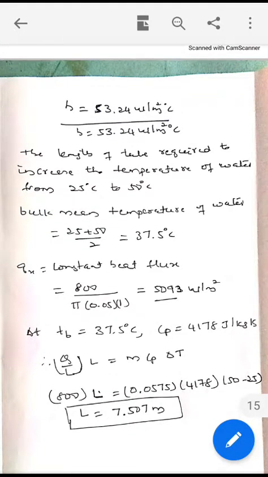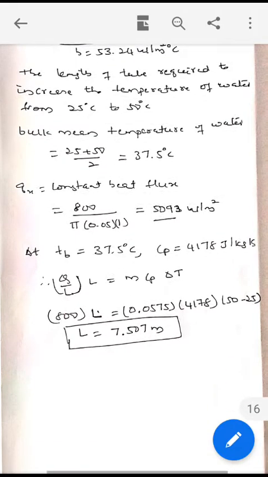Now already you have found out the h. Then he is asking, the water is heated from 25 to 50 degree centigrade. The mean temperature of water is 25 plus 50 divided by 2, equal to 37.5. At 37.5, find the value of Cp from the data handbook. Cp equal to 4178 joule per kg Kelvin. Then he is asking the length.